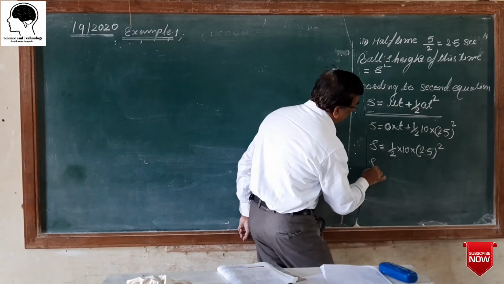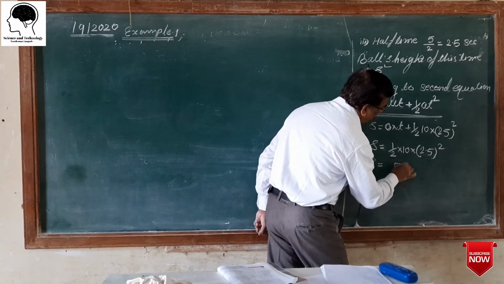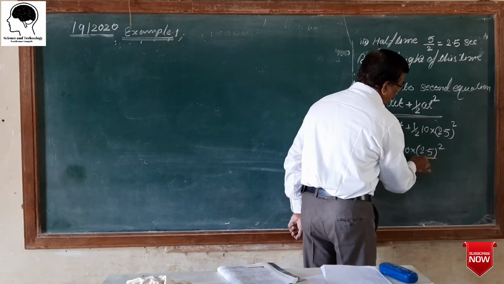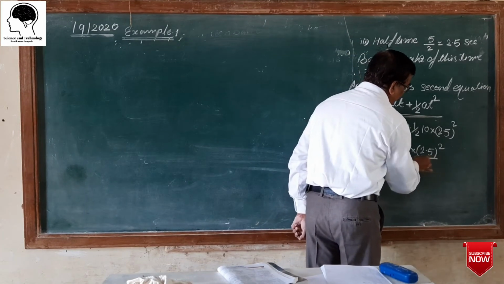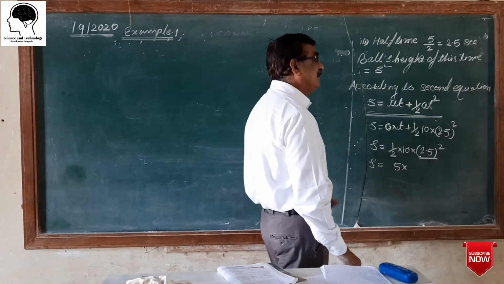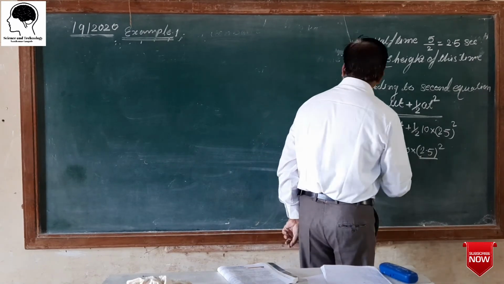So s is equal to 1/2 into 10, which is 5, into the square of 2.5.